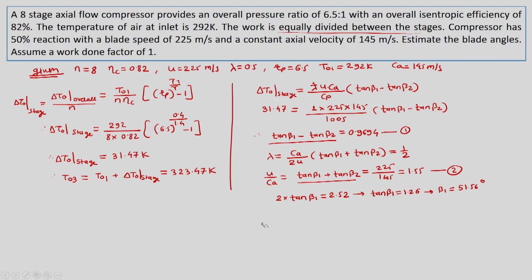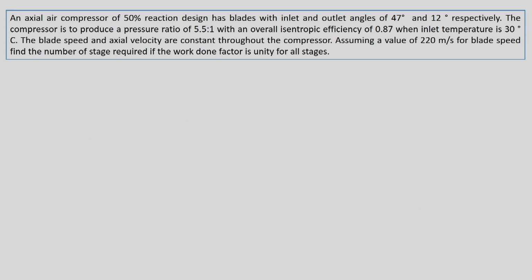Similarly, we can get tan of beta 2 is equal to 1.55 minus tan of beta 1. So this gives us tan beta 2 is equal to 0.29, and hence beta 2 is equal to 16.17 degree. So we got the required thing from the example. We will move on to the next example.